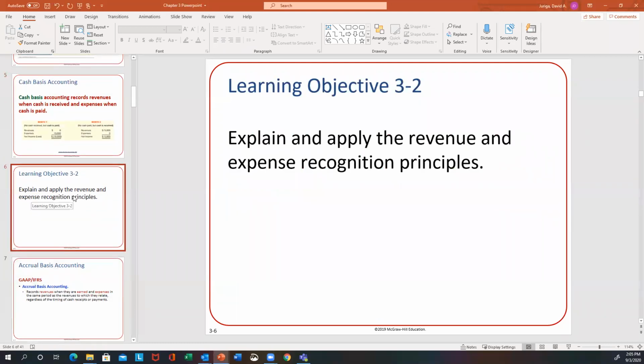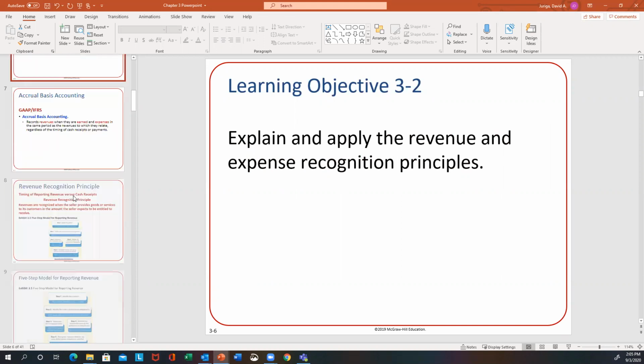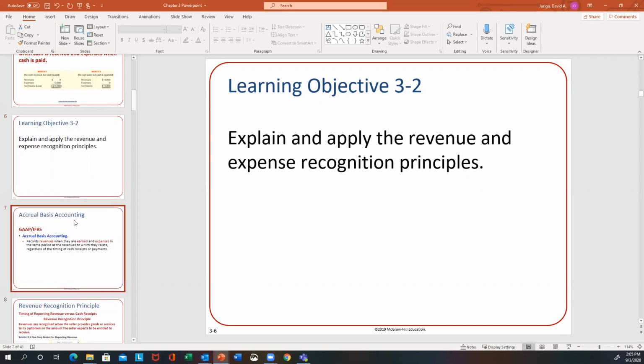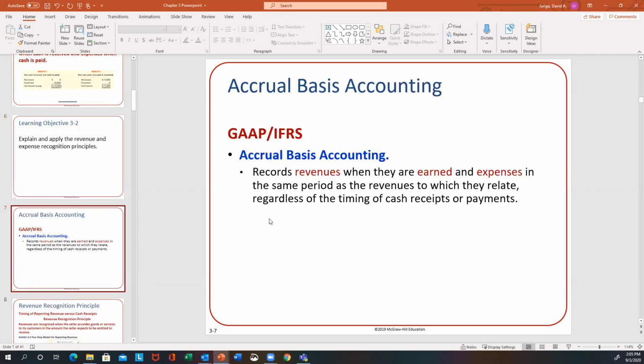So typically what we've got in financial accounting is, again, when we follow GAAP, they apply the revenue and expense recognition principles. And so, of course, with GAAP and IFRS, we have what they call the accrual basis of accounting, in which we record revenues when they are earned, and expenses basically in the same period as the revenues to which they relate.